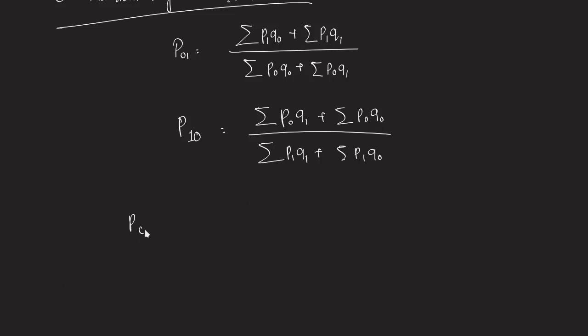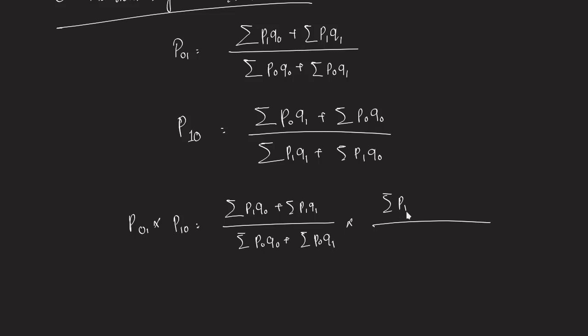Now here if we multiply P01 into P10, this will give us summation P1 Q0 plus summation P1 Q1 over summation P0 Q0 plus summation P0 Q1, into summation P0 Q1 plus summation P0 Q0 over summation P1 Q1 plus summation P1 Q0.